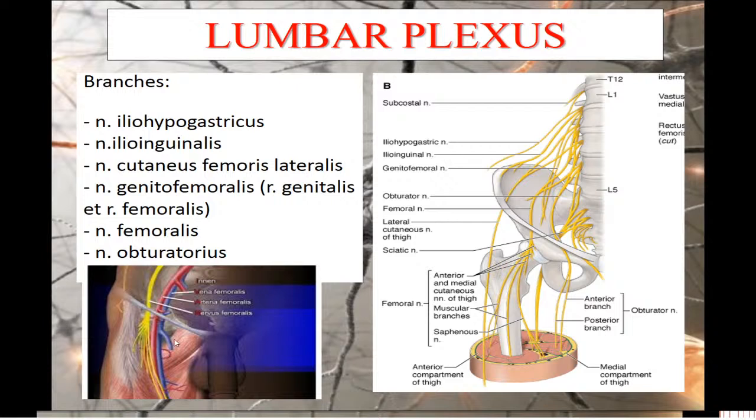Genital branch enters to the inguinal canal and supplies to the cremaster muscle, dartos tunica, and membranes of the spermatic cord in the males. In the females, it supplies to the structure located inside of the inguinal canal.